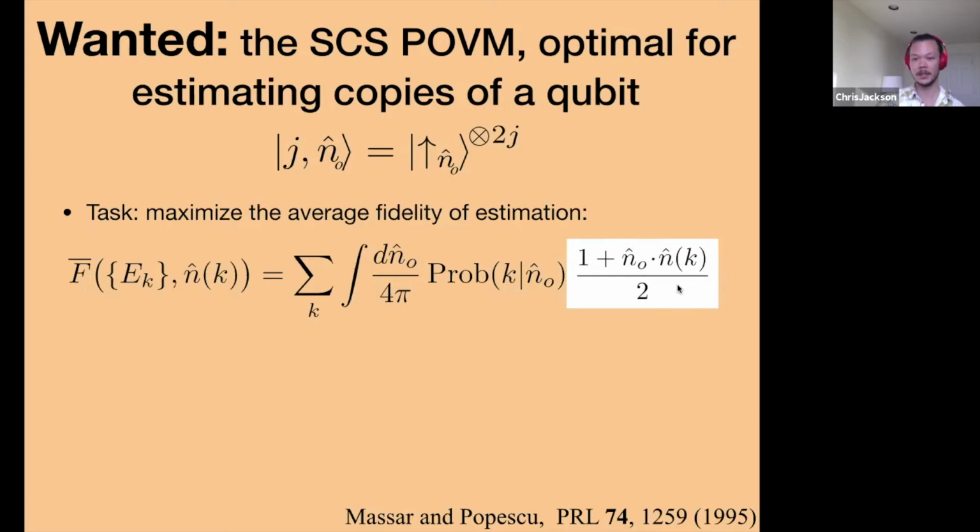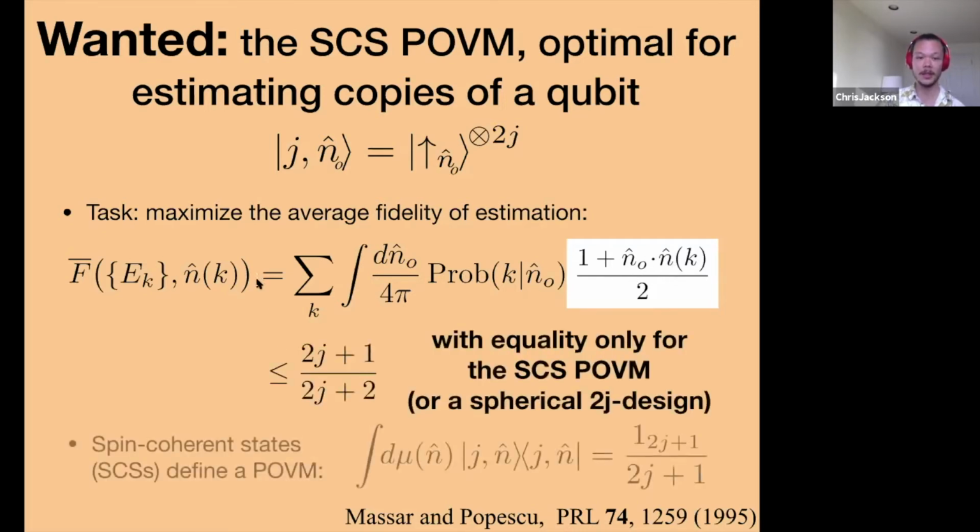And then this thing is just monotonically decreasing from 1 as you get worse and worse a guess between n hat of k and n hat naught. All right, so it's actually easy to calculate the bound of this over all possible measurements you could do. And this bound is saturated by the so-called spin coherent state measurement, which is the measurement whose outcomes are projectors onto the same kind of state as this unknown state has been prepared. All right, are there any questions there?